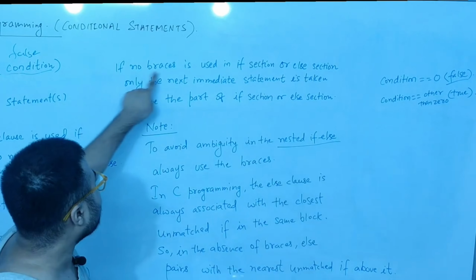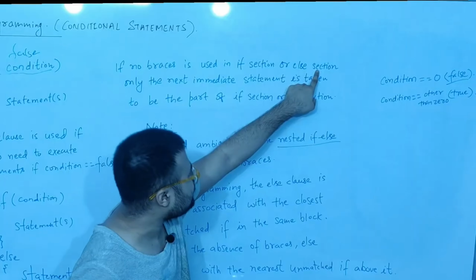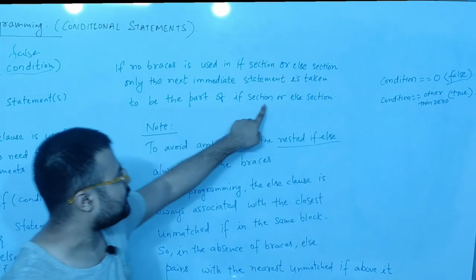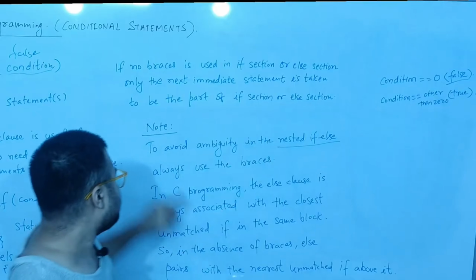So this is what it is. If no braces are used in the if or else section, only the next immediate statement is taken to be part of your if section or else section.